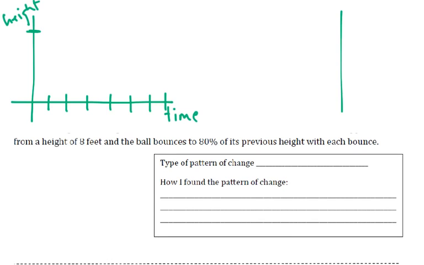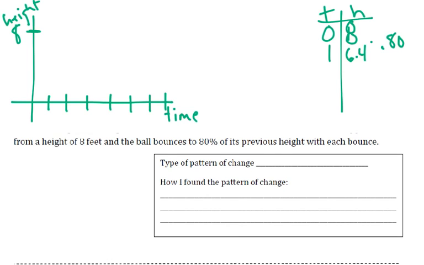Maybe we should make a table first. That might be better. Time and height. So at 0, what should we start out as? Maybe 8 feet, right? We started out at 8 feet. Then we multiply 8 by 0.8, or timesing by 0.80, which gives us 6.4.